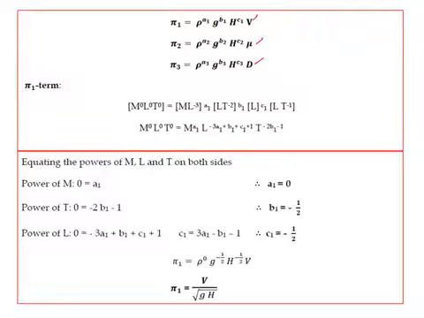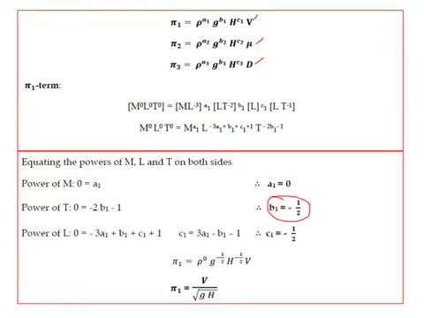So working out the pi 1 term. Rho we know is ML to the minus 3, g is meter per second square, so LT to the minus 2, h is head, that is L, and velocity is LT to the minus 1. So equating, for M it is a1, for L it is minus 3a1 plus b1 plus c1 plus 1, for T it is minus 2b1 minus 1. Equating the powers, a1 will be 0. For T, minus 2b1 minus 1 should be equal to 0, so b1 will be minus half.